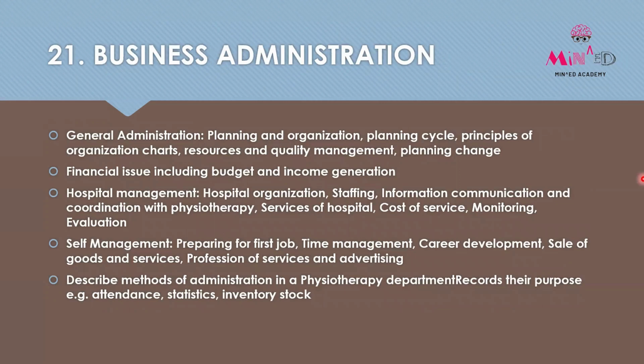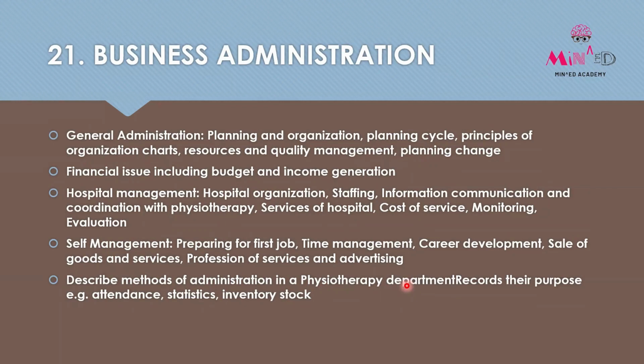And then business administration. So general administration, planning and organization, planning cycle. And then financial issue, including budget and income generation, hospital management, self-management, describe method of administration in physiotherapy. So basically business administration is how will you manage an organization?